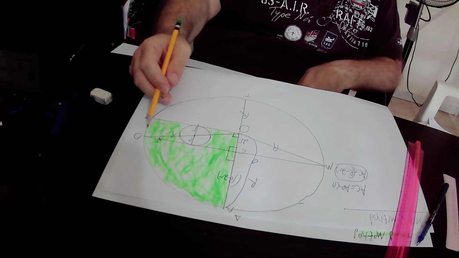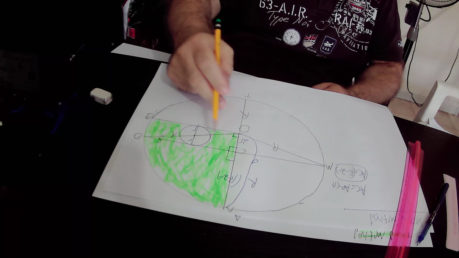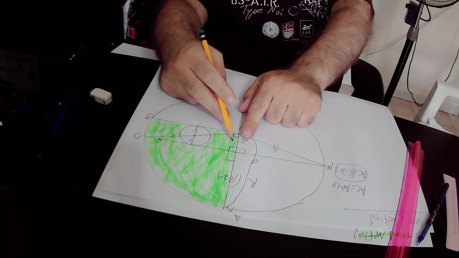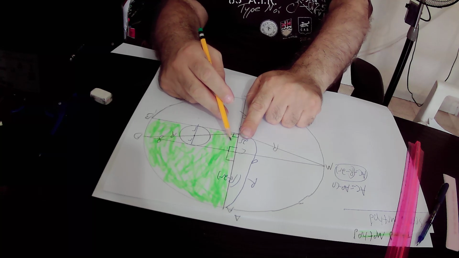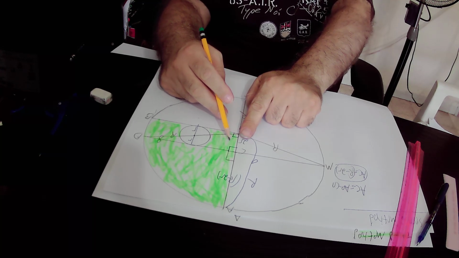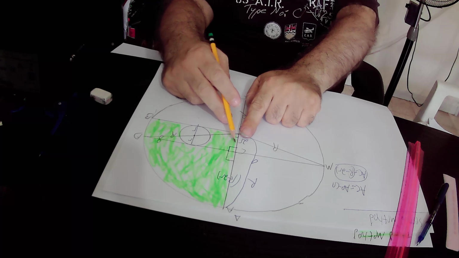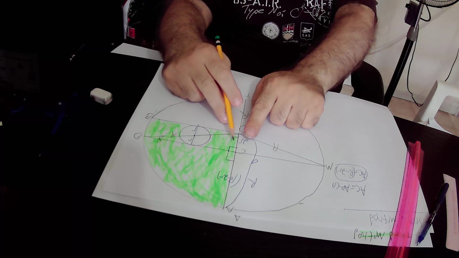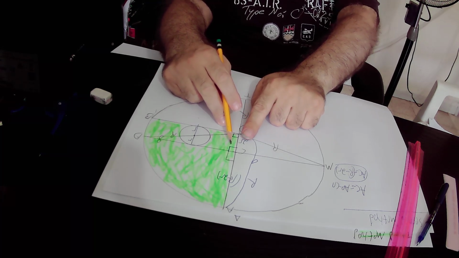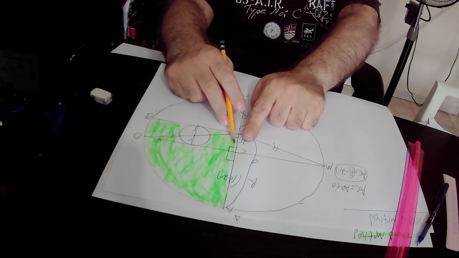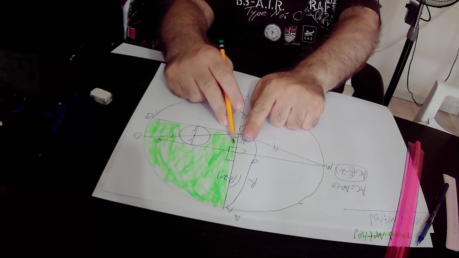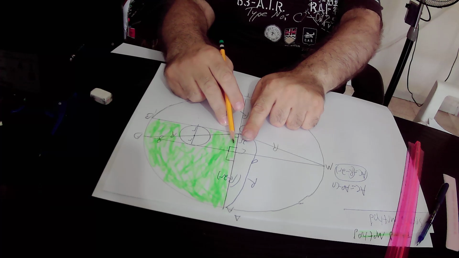So if you focus on the lower side of the straight line DM at point C, here the sum of the angles must be equal to 180 degrees according to rule number 3. So which angles do we have at the lower side of MD at point C? We have this angle that is equal to 90 degrees plus the missing angle. In total, they must be equal to 180 degrees according to rule number 3.